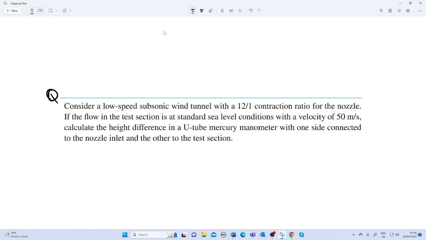Calculate the height difference in the U-tube mercury manometer with one side connected to the nozzle inlet and the other side to the test section.